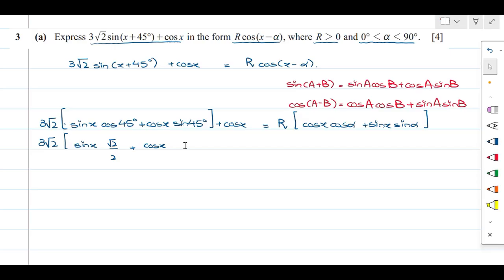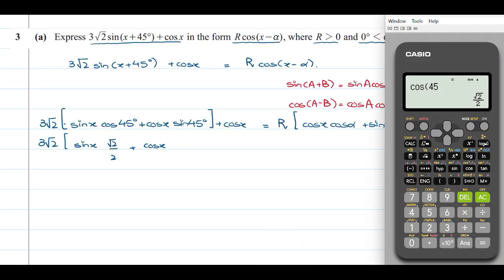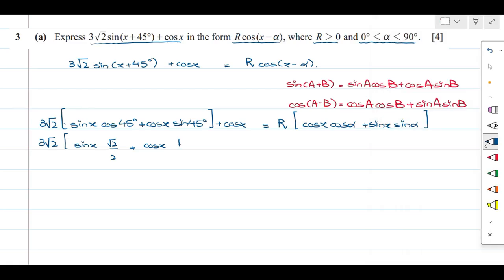Sin 45 degrees is root 2 by 2, square root of 2 divided by 2, and plus cos x, and that is equal to r cos x cos alpha plus sin x sin alpha. We need to solve for r and for alpha. Alpha must be between 0 and 90 degrees and r should be positive, right?